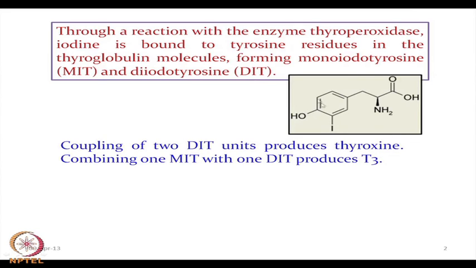So, we will have 4 phenol positions which are ortho to the OH group or the O group as thioether.